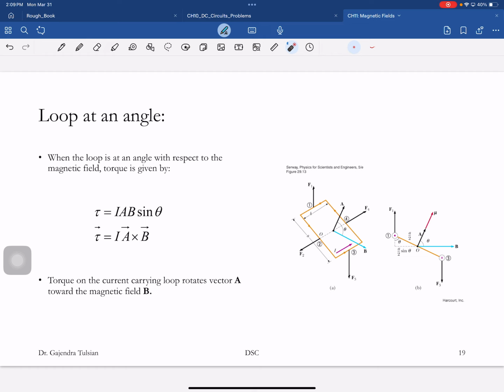Your thumb is the direction in which the area vector is pointing. And if you put this current carrying loop in a magnetic field, the area vector will turn towards the magnetic field. That's the direction of the torque. It's turning this area vector towards the magnetic field. So that's the direction in which it will spin.